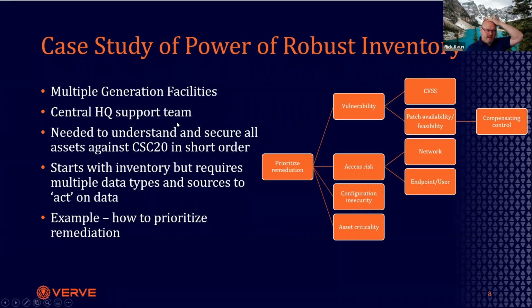They needed to not only identify what they had for CIS 18, but they had to apply as many of the controls as possible. So what they were able to do by pulling in a robust inventory, and I'll get more into how you do that and what the benefits are, but by having that robust inventory, they're able to prioritize remediation, whether it's actually a raw vulnerability that has a CVSS score and a patch availability, or compensating controls, or if it was access risks, remote access, shared logins, other accounts, configuration of the endpoints, or asset criticality.